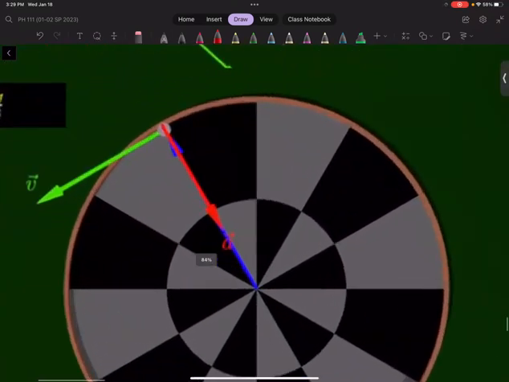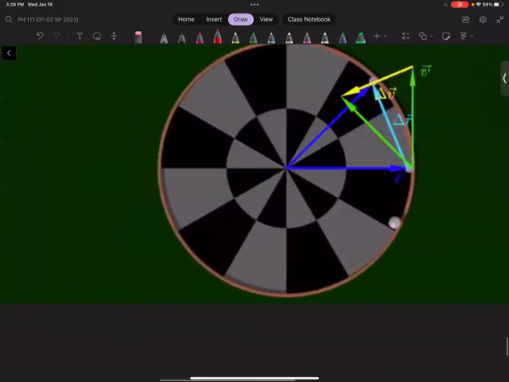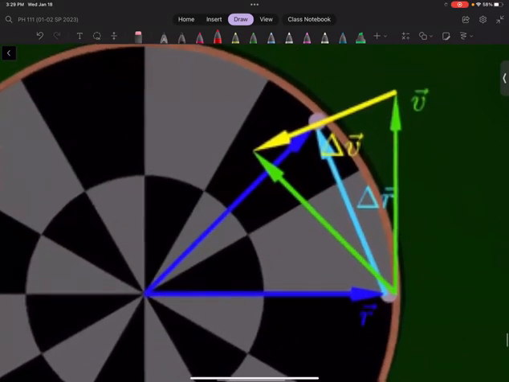Plot number 3. Aren't we in agreement that these are the vectors that I'm messing with? My V, my R, and my radial acceleration towards the center. Now let's put everything together. Do not panic. Wouldn't you also agree that I also have a delta R vector between the two positions?